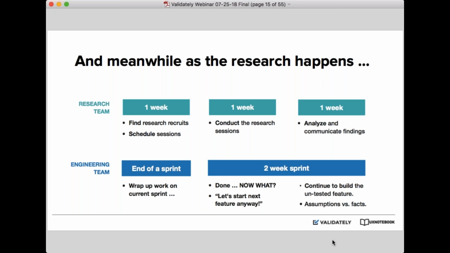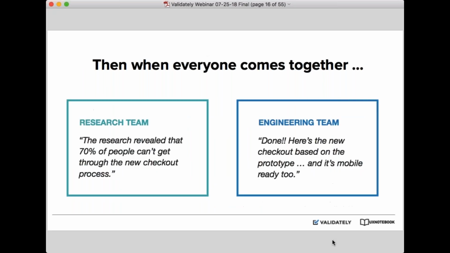In the next week, we're probably conducting those research sessions. And finally, in the third week, we are going through those 10 usability sessions, probably rewatching parts of the videos, reviewing our notes, synthesizing, analyzing, so we can come up with some succinct findings to take back to our team. But here's where time really becomes an issue.